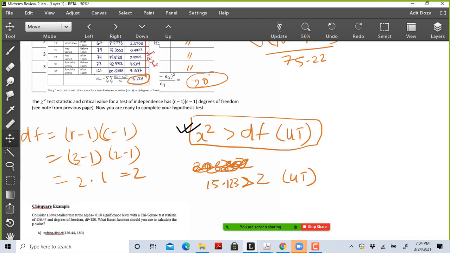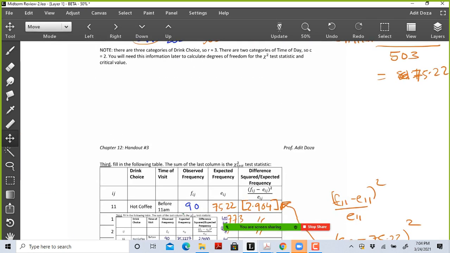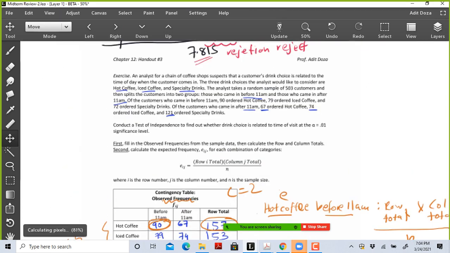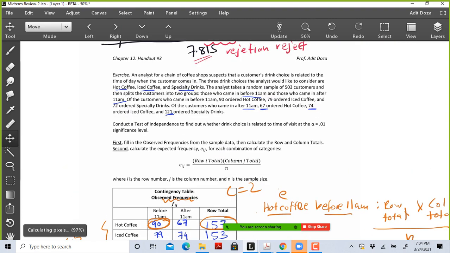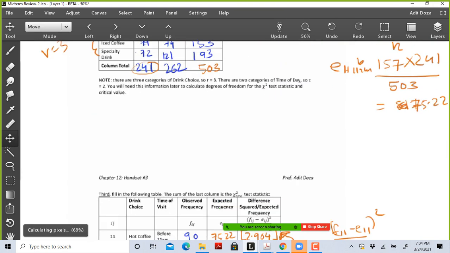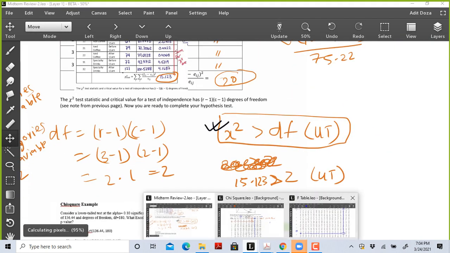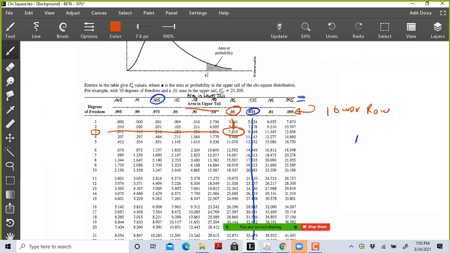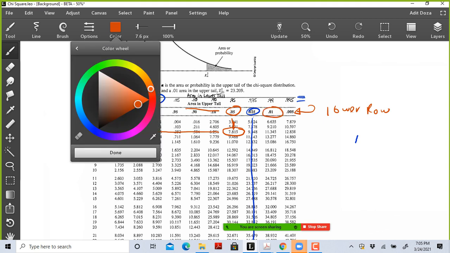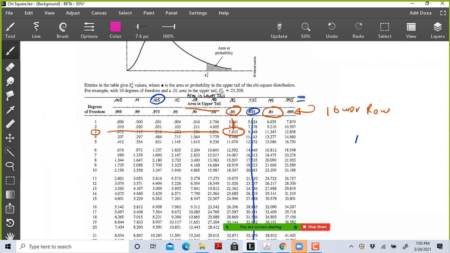What is the significance level in the question? 0.01. So 0.01. Upper tail is in the lower row, right? Agreed? So let me use a purple color, a different color. And what is the degree of freedom for us? 2.